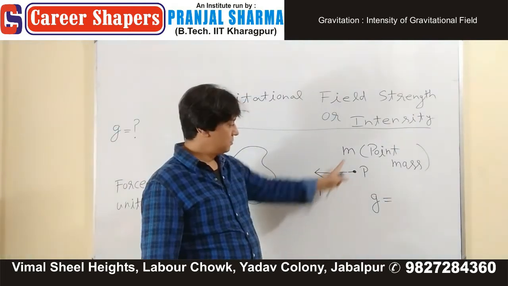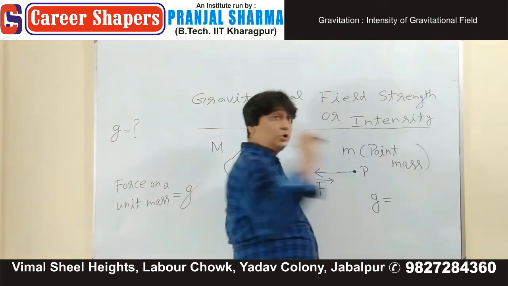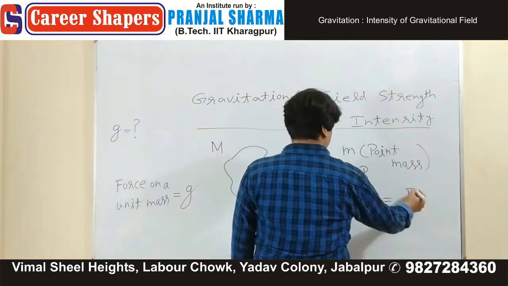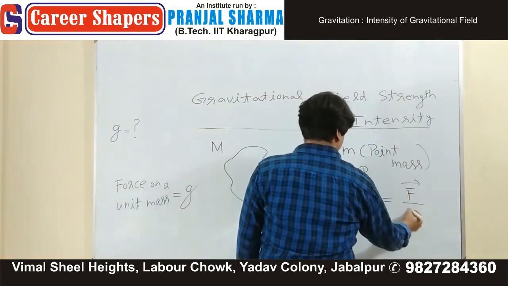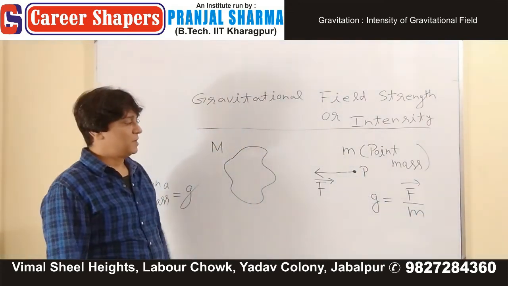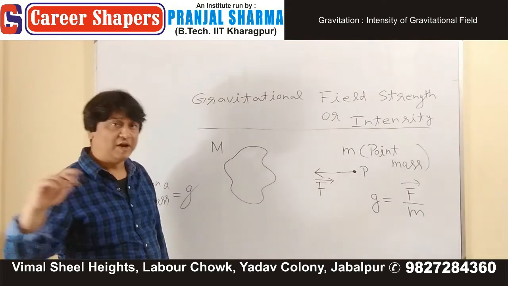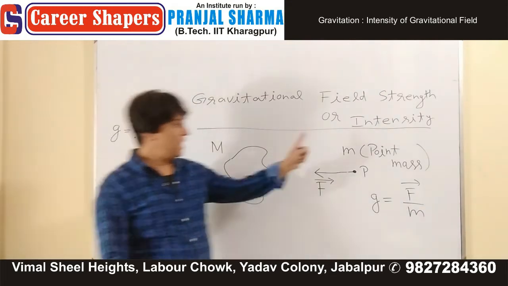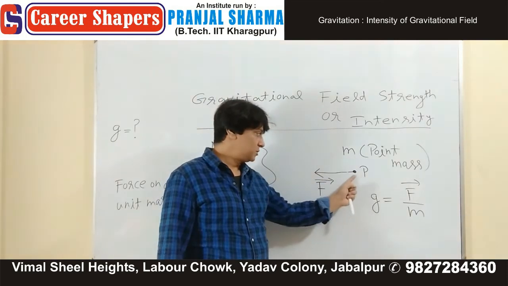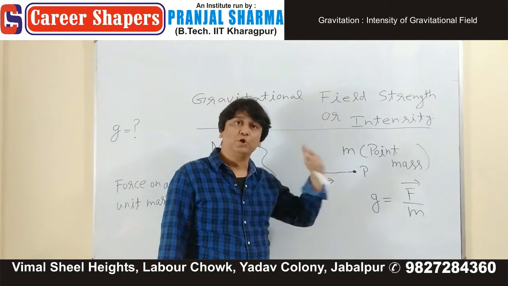On m, force is F. So on a unit mass, force will be F divided by m. That's very easy. Same thing. We found force on 5 kg and then the intermediate step. So on m, at this point, force is F. So what will be the force on a unit mass?